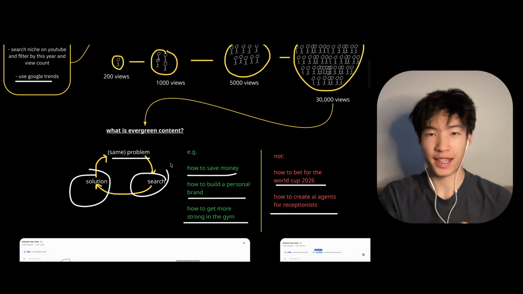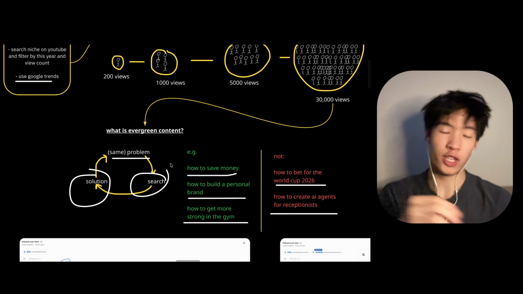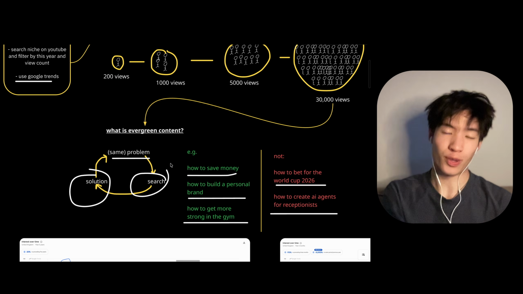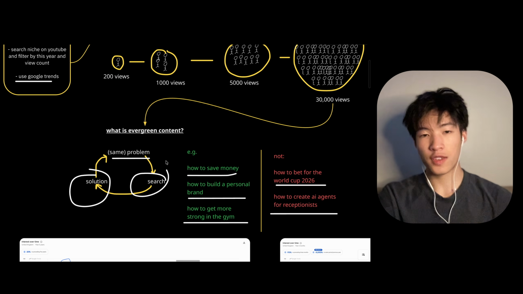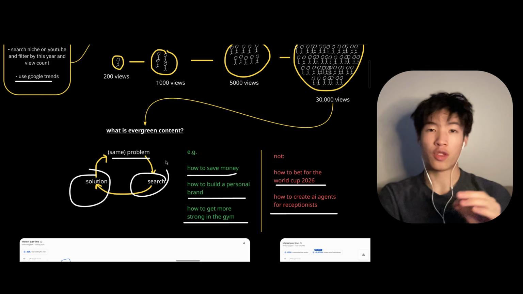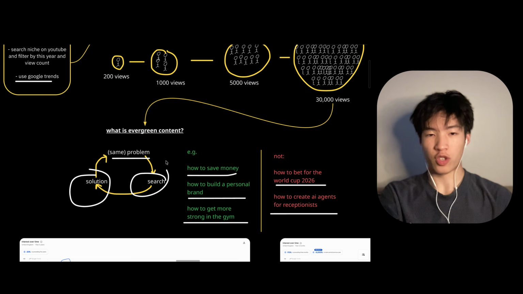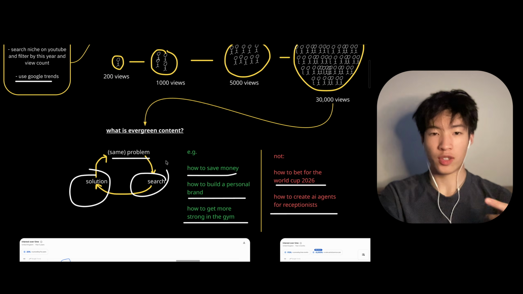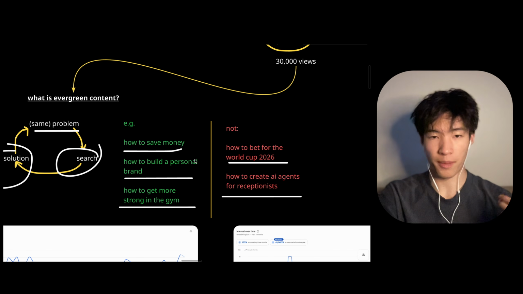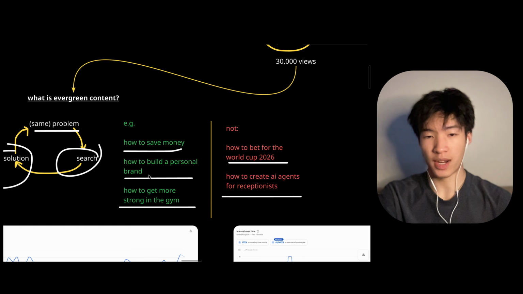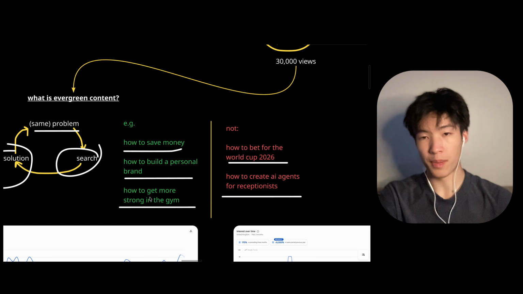Basically, in 2026, there's people trying to lose weight. In 2025, there's people trying to lose weight. 2024, there's people trying to lose weight, etc., etc. And so you need to find a problem, especially focus on the pain point of the topic that is always recurring. For example, these are good examples, right? How to save money, how to build a personal brand, or how to get strong in the gym.